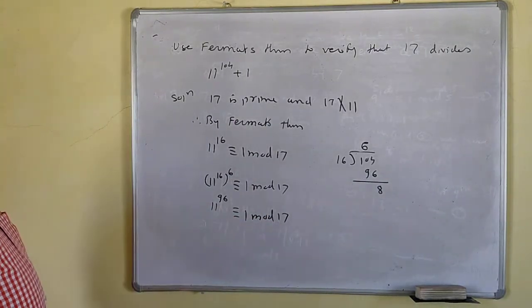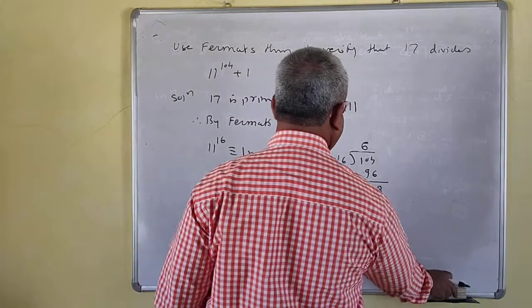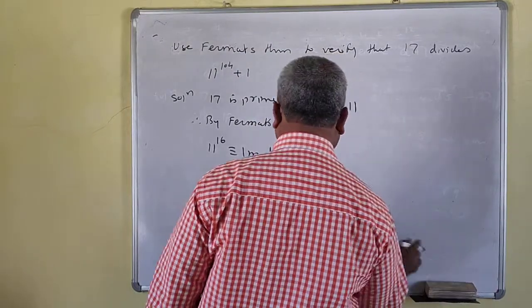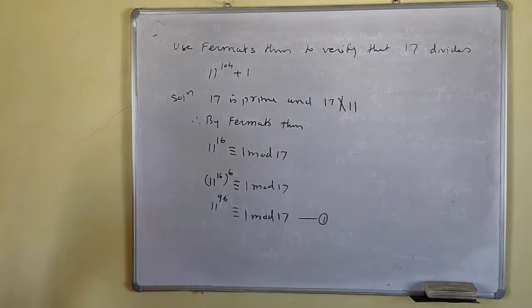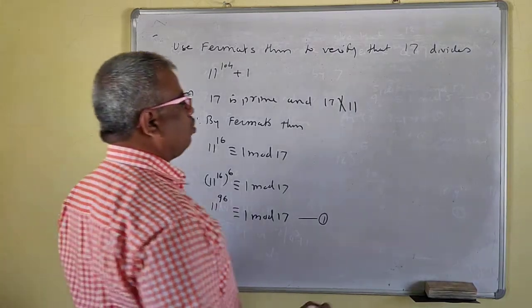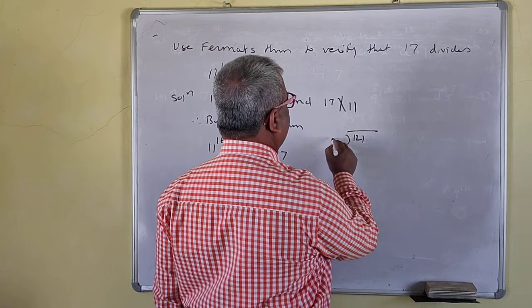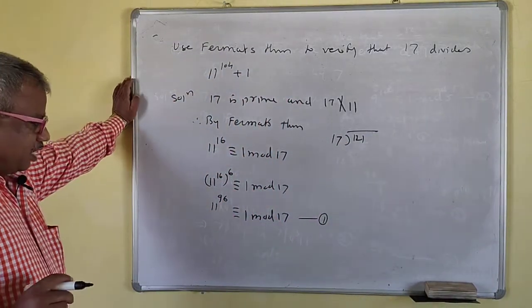We want 11 to the power 104 now. We'll call this as 1 now. Okay, so 11 into 11 is what? 121. So 11 power will divide by 17 then.